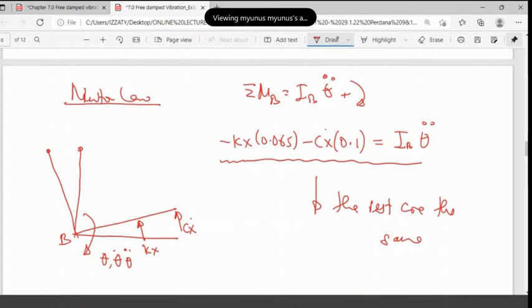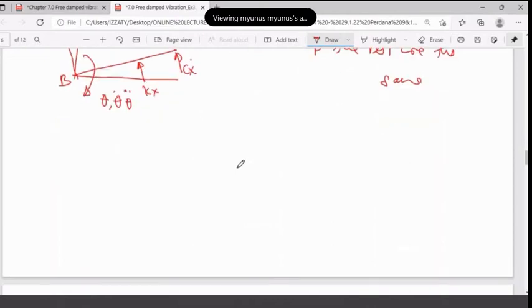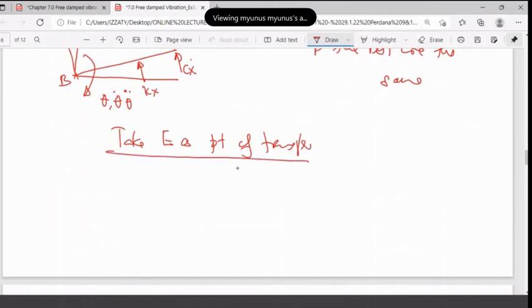Okay. Same thing when you do the equivalent method. When you try to solve, for example, you're trying to take E as the point of transfer. So your problem now becomes, look at here, how many masses?